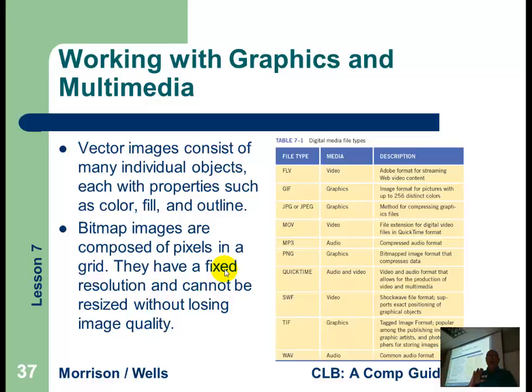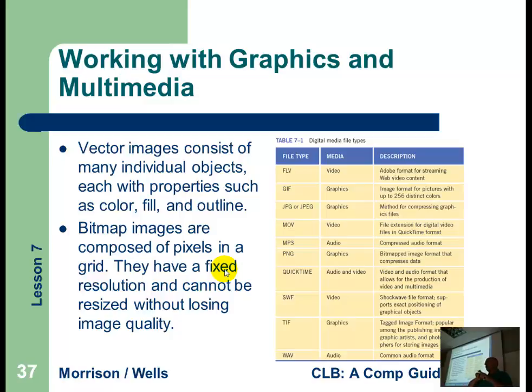Whereas vector, it actually has a mathematical calculation behind what you're seeing on the screen. It actually is tied to a mathematical table that is correlated with color and fill and outline. So it has a distance and an angle. That's what a vector is.